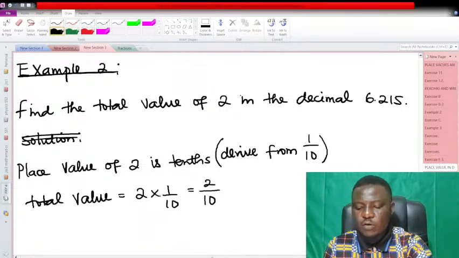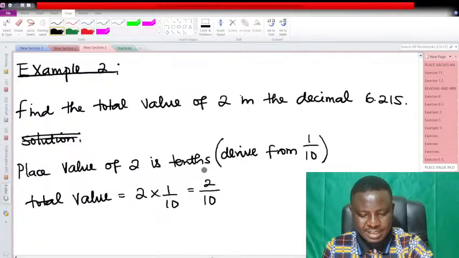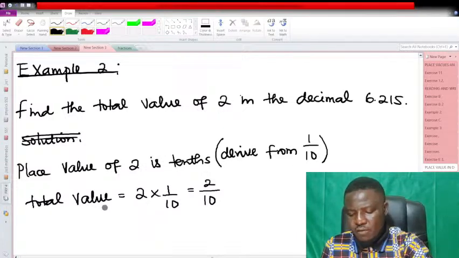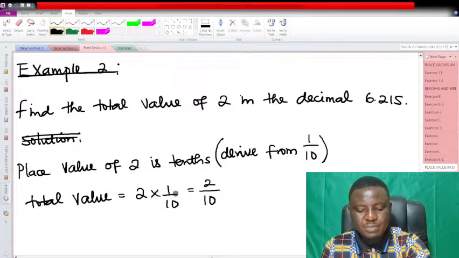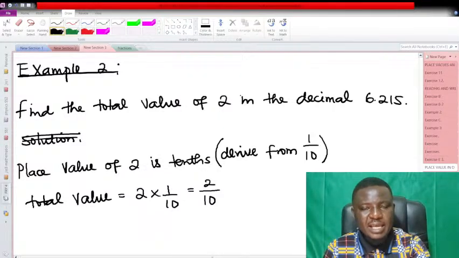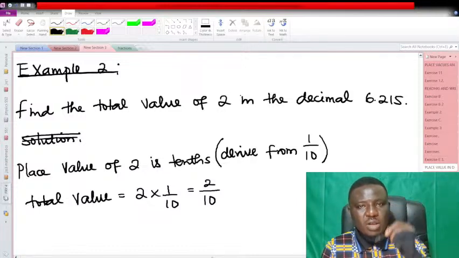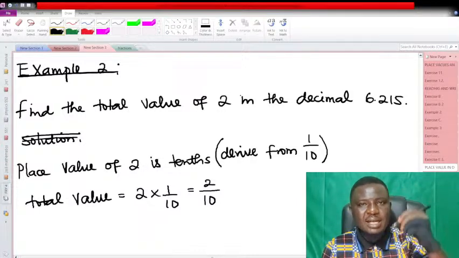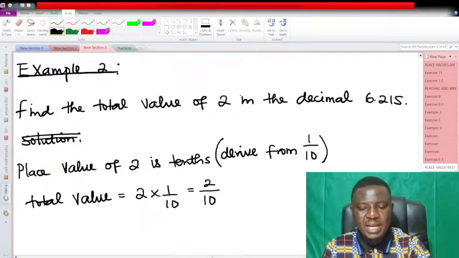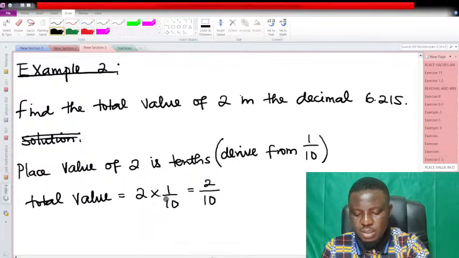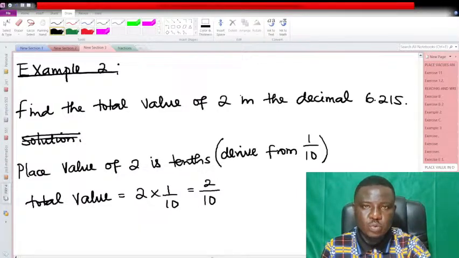Now, we say the place value of 2 is tenths. That is, it is derived from 1/10. So the total value is 2 times the place value. So the total value will be the digit times the place value it occupies. So this is 2 times the tenth, which is 2/10. And if you look at it, it's written as 0.2.